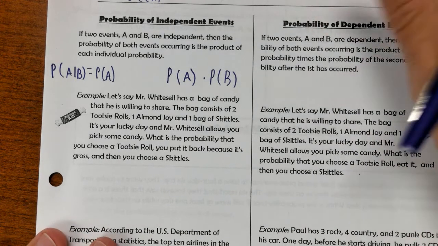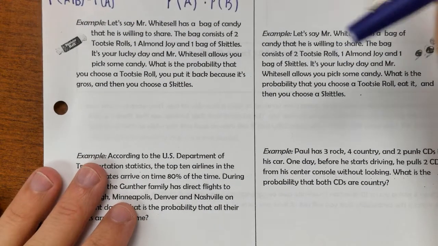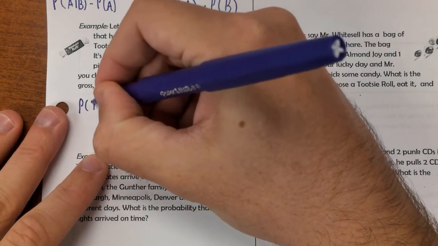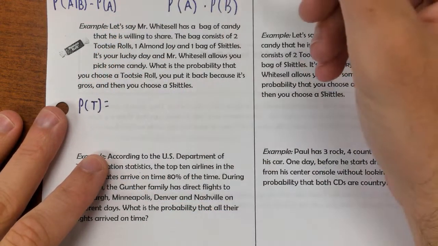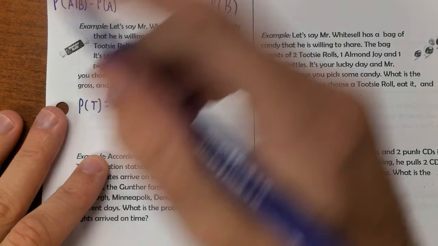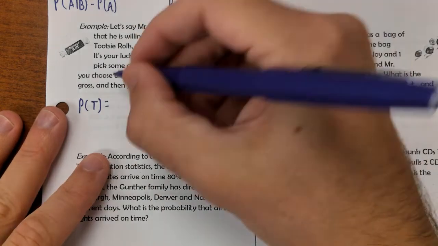So let's start and figure out what's the probability of a Tootsie Roll. Okay. So the probability that we get a Tootsie Roll, well, how many Tootsie Rolls do we have? So this is going to be the number of successes over the total number of things.